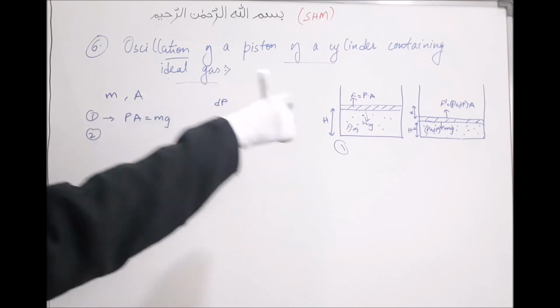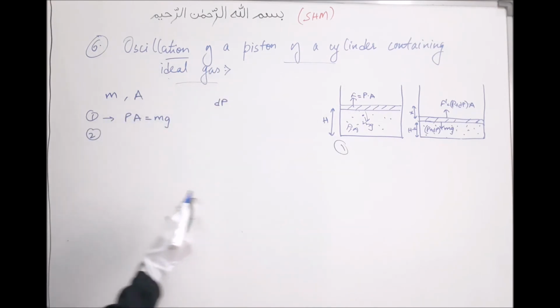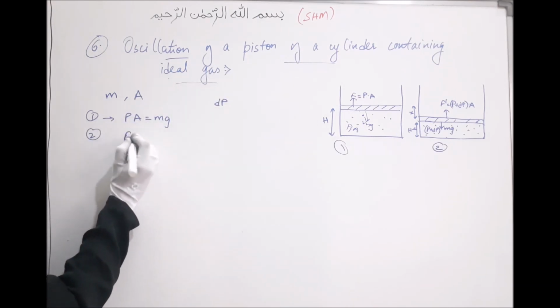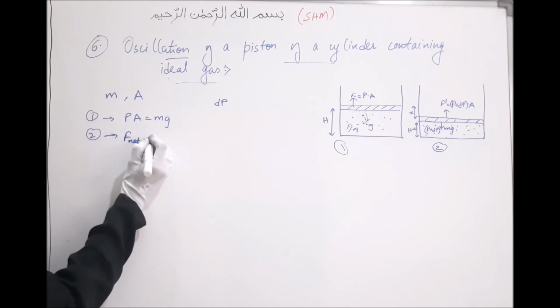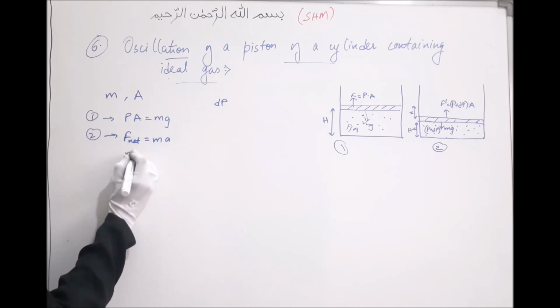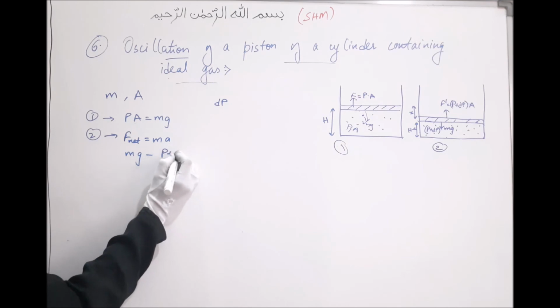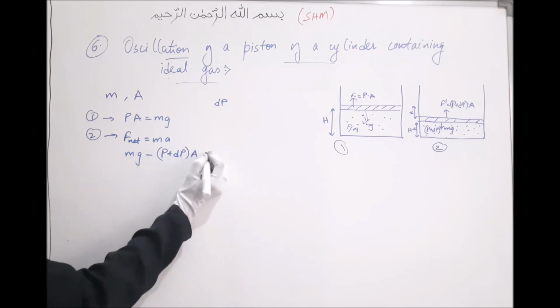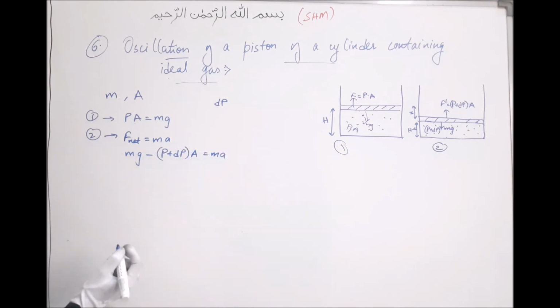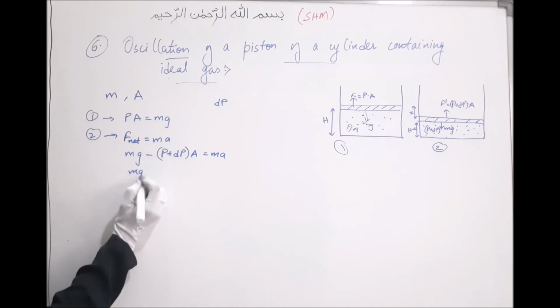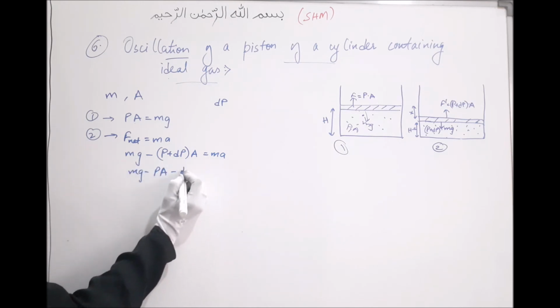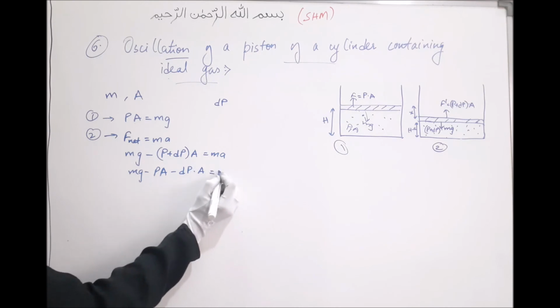So in this second case we can write the equation of motion as net force is equal to ma, which is mg downwards minus P plus dP into area upwards, which is equal to ma. So I can write this as mg minus PA minus dP into A is equal to ma.